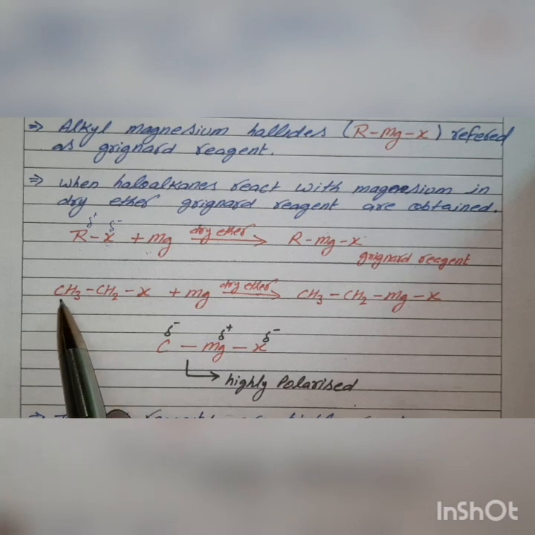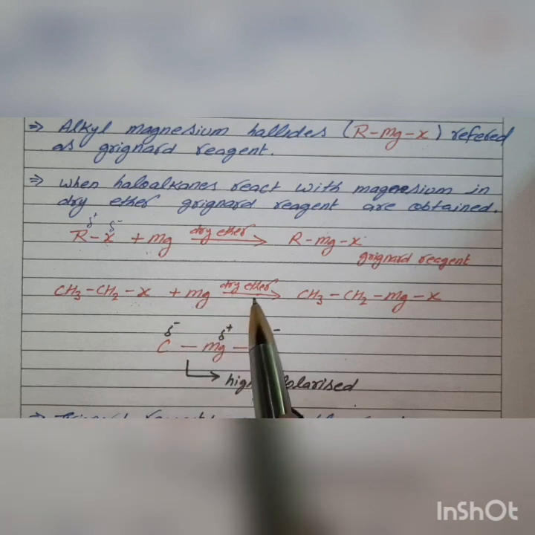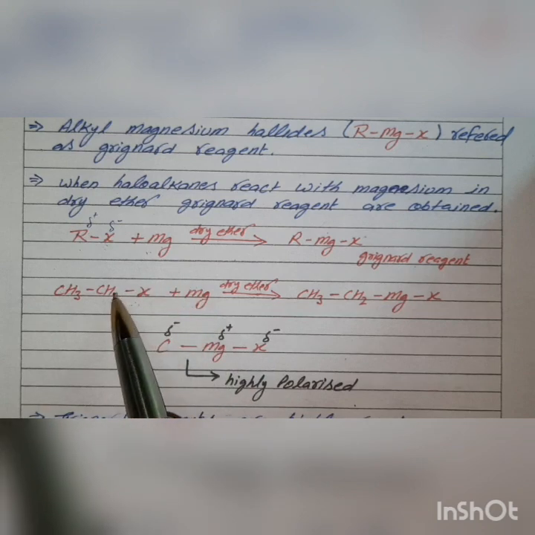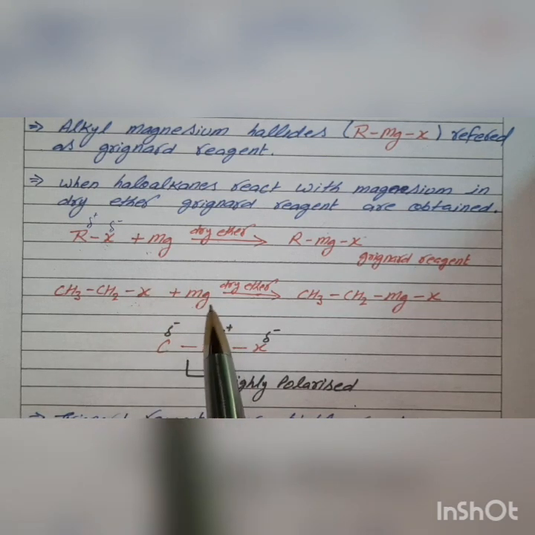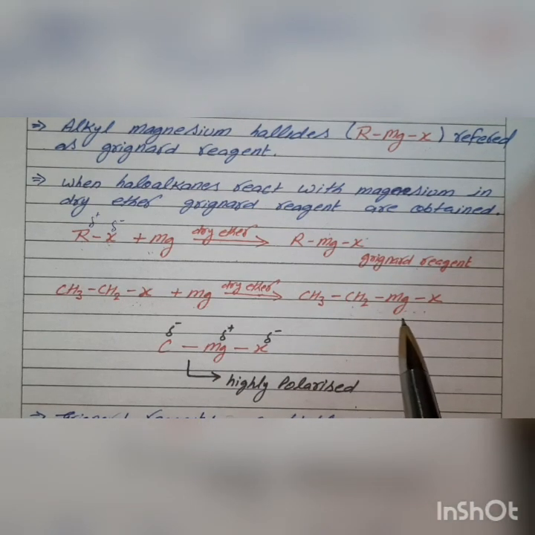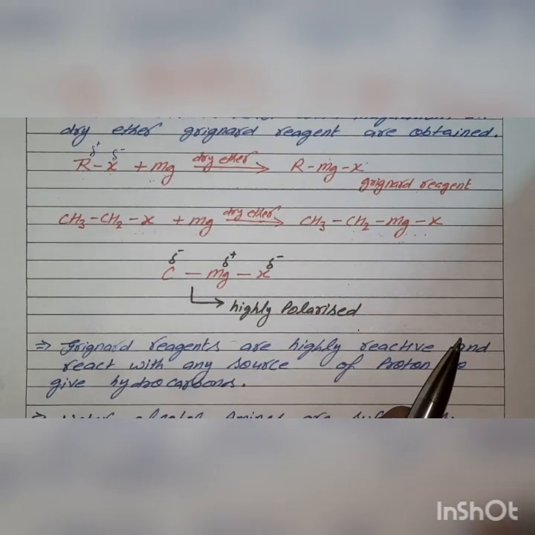Another reaction: CH3CH2X, this haloalkane, reacts with Mg in the presence of dry ether. Mg links with the carbon atom and the halogen links with Mg, to form the Grignard reagent. Now we discuss the bonding of the Grignard reagent.